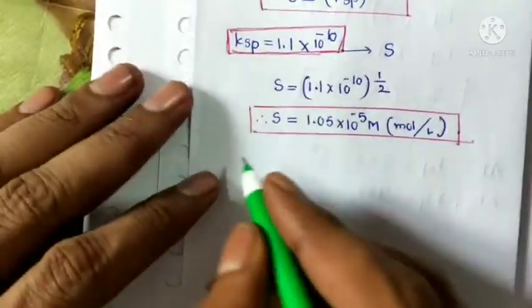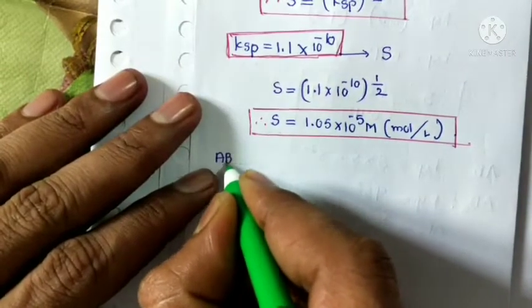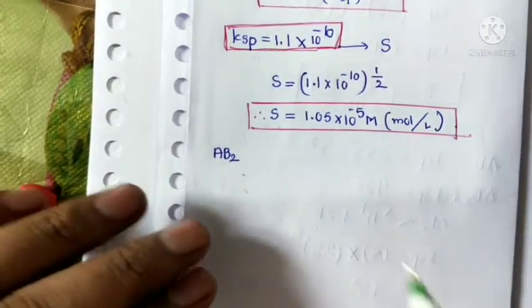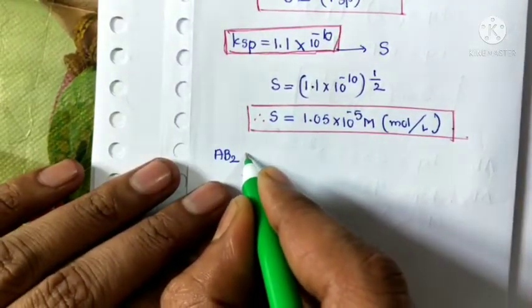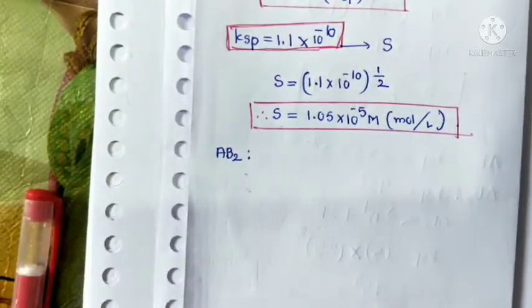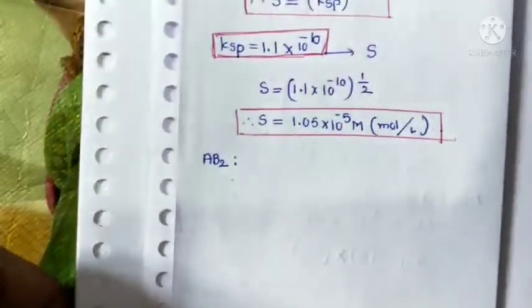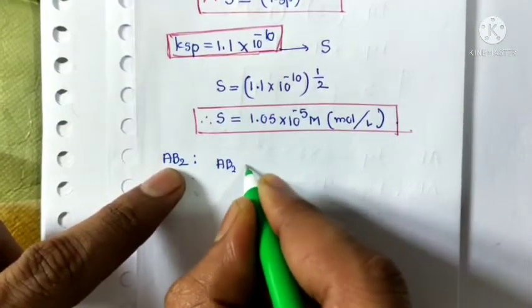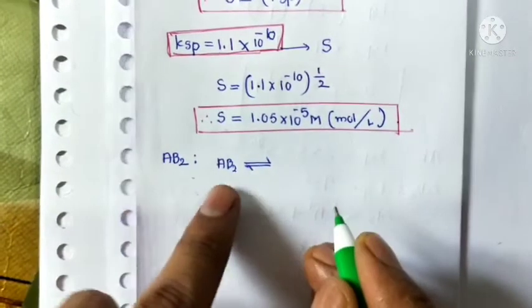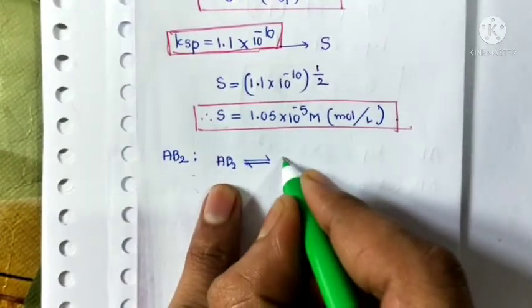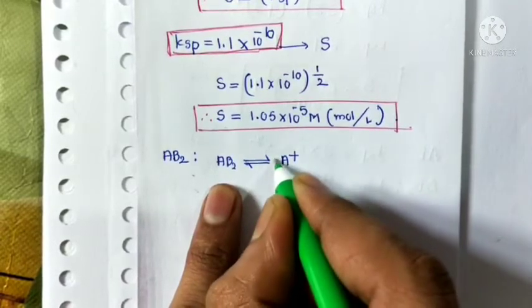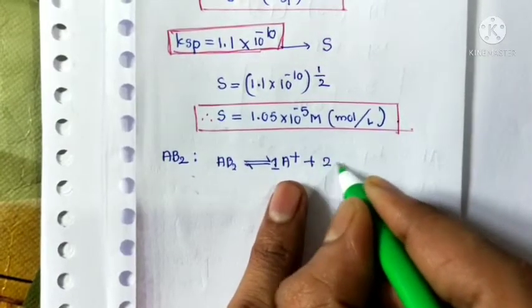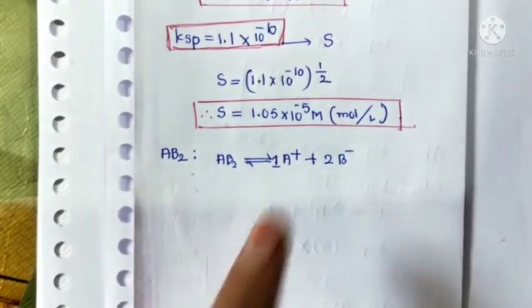So for example we take AB2 type. So understand carefully. This AB2 salt dissociates into 1 A plus ion plus 2 B minus ions.